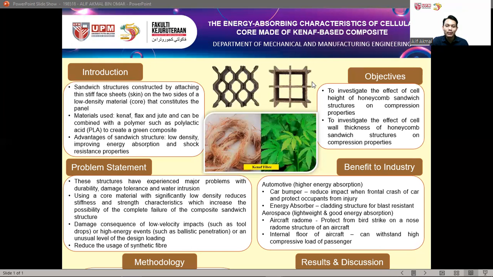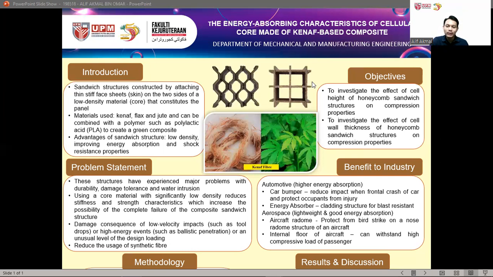So we would like to replace the synthetic fiber with natural fiber in order to have a green environment.